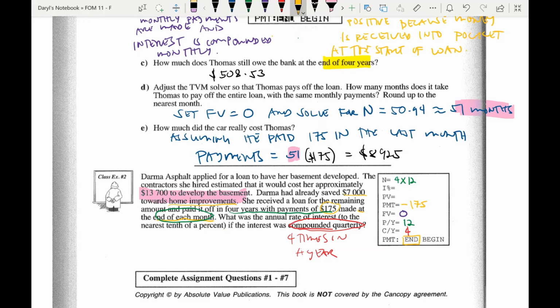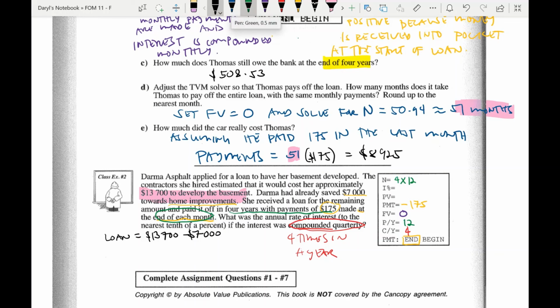But how about the present value? Well, the present value is the amount that you loan from the bank. But remember, you already have the amount of 7,000. So the amount that she loaned is just the difference between 13,700 and the amount that she saved.